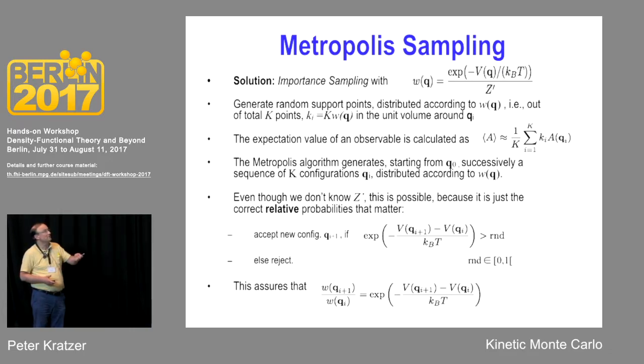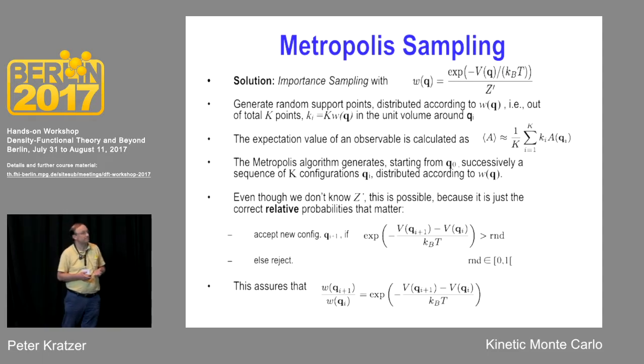So if the energy of the new configuration is such that this exponential here is bigger than some random number, then you accept the new configuration, and if it's smaller, then you reject the new configuration and you try with a different configuration. And in this way we generate many configurations, and then we average the desired observable A over configurational space.